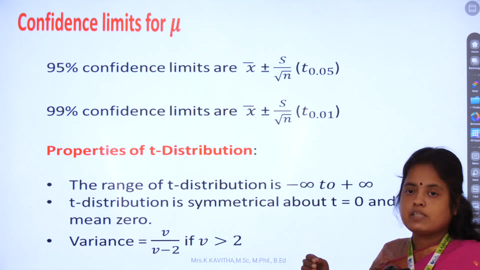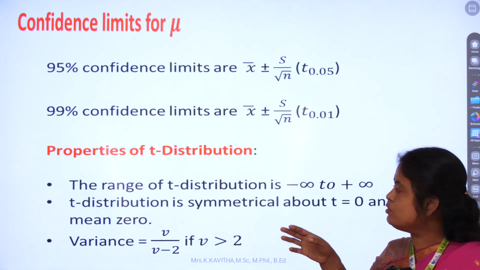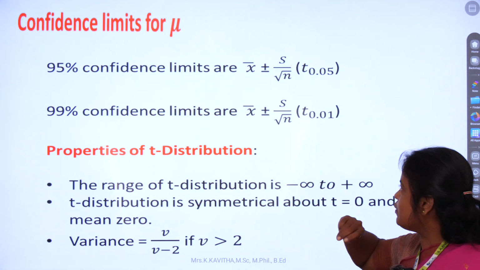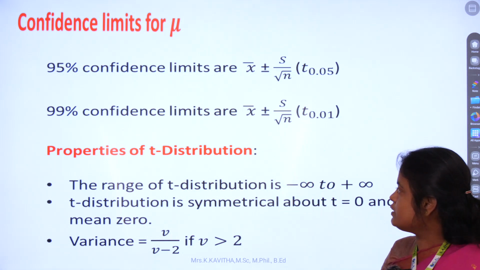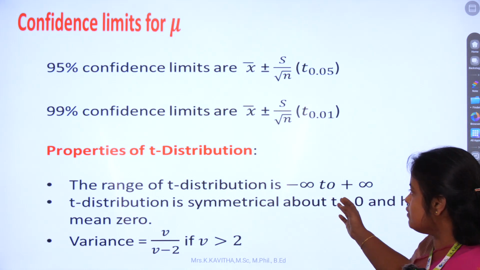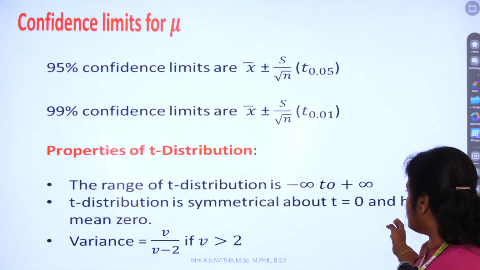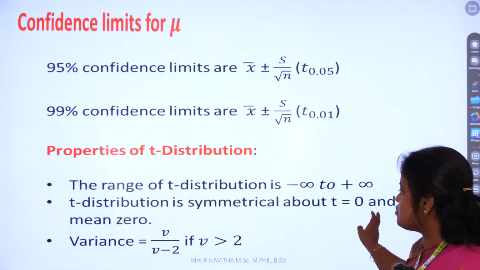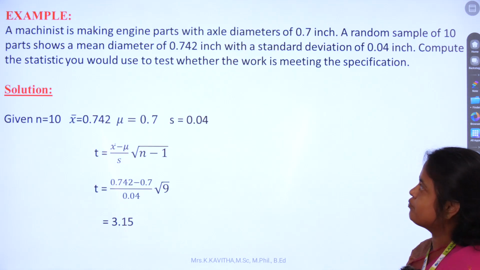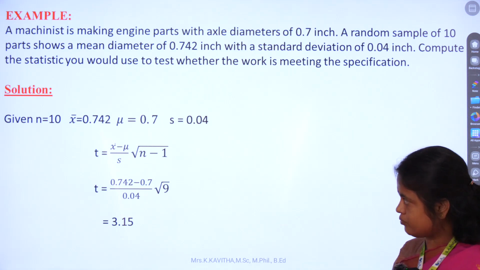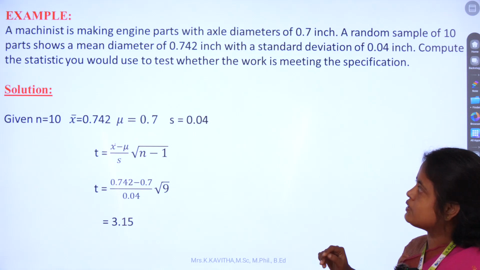For 95%, alpha equals 0.05, and for 99%, alpha equals 0.01. Then we will see the properties of the t distribution. It ranges from minus infinity to infinity. It is symmetrical about t equal to 0, and the variance is v by v minus 2 if v is greater than 2.